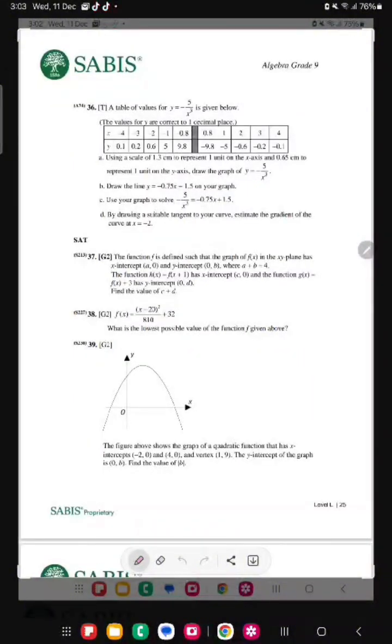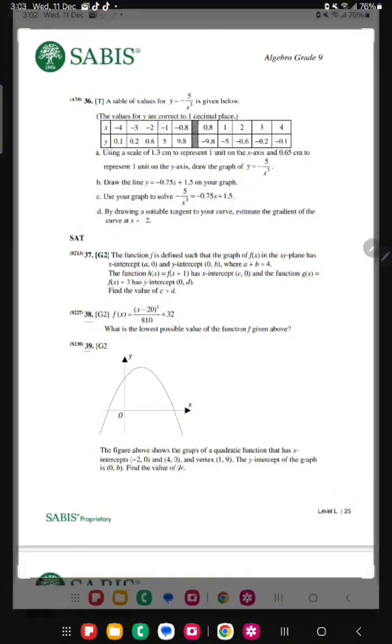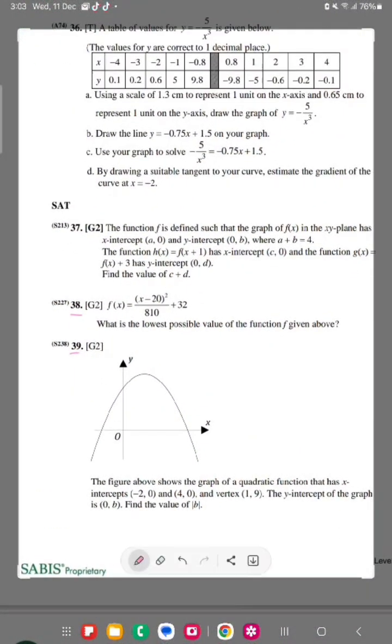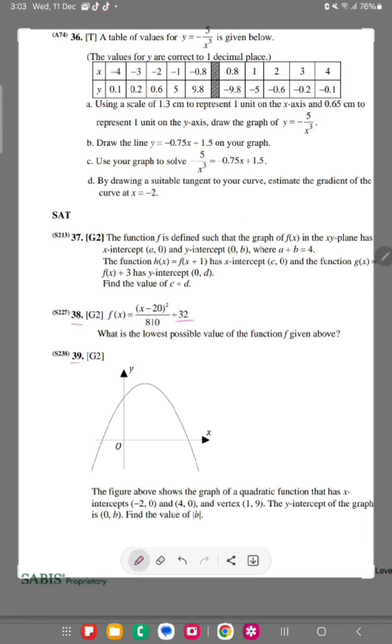Okay, these are SAT questions that also might come in written. What are required are 38 and 39, and you might not recognize them from your quizzes. But this is how to solve them for written. For 38, usually in the quiz you'll just write 32, the lowest possible value, which is y. But in written, you can't just put 32, you have to do it like this.